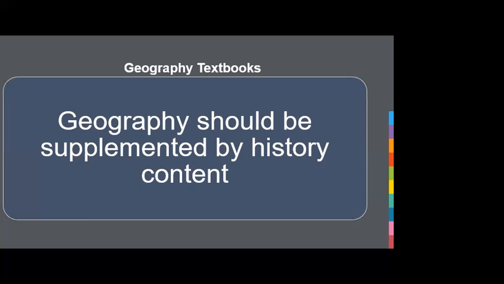Because the authors do not supplement the content with the history part of social sciences. That means the reasons they give for a large amount of people living in informal settlements are a shortage of housing, lack of urban planning, and a large number of immigrants.